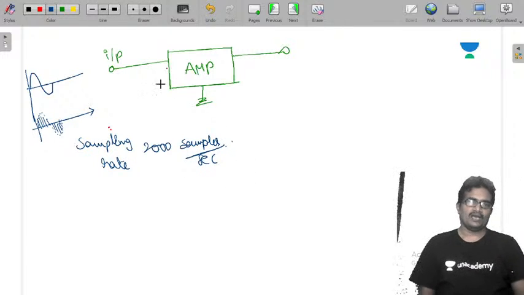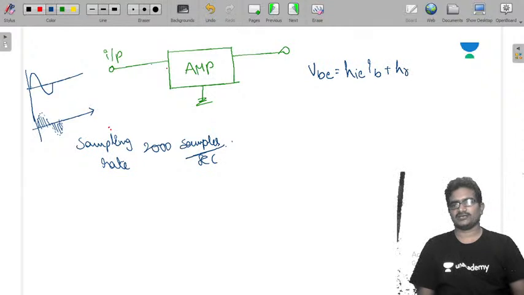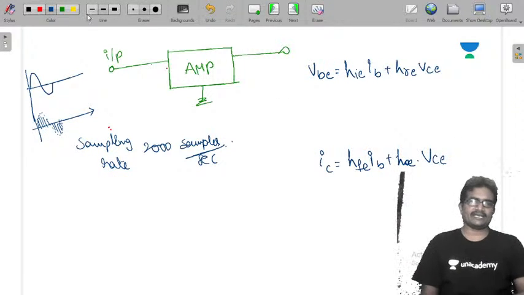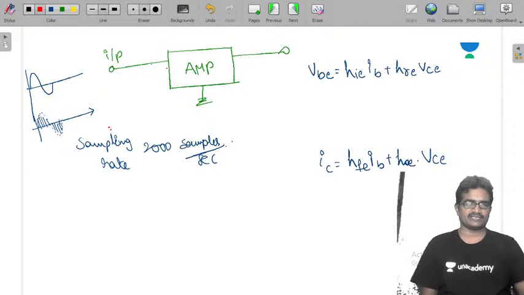Now, at input side, you need to calculate VBE. Your VBE is HIE into IB plus HRE into VCE. At output side, IC is HFE into IB plus HOE into VCE. Practically what happens is, for every individual sample, it is calculating input voltage.